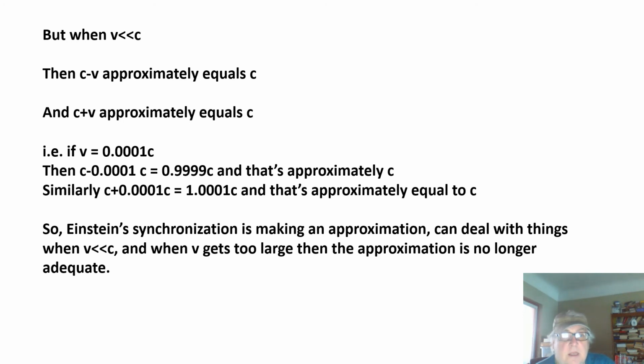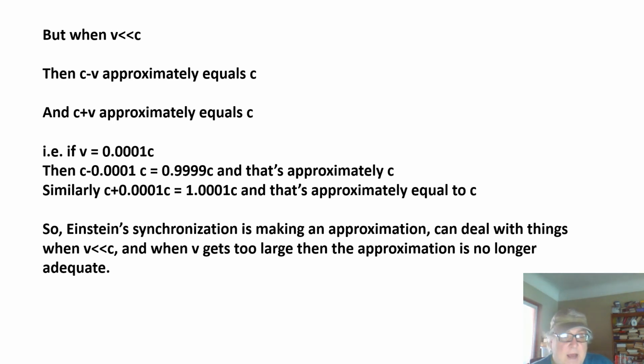But when v is much less than c, then c minus v approximately equals c, and c plus v approximately equals c. You can see that if you consider the case of v equals 0.0001c, then c minus 0.0001c is equal to 0.9999c, and that's approximately c.